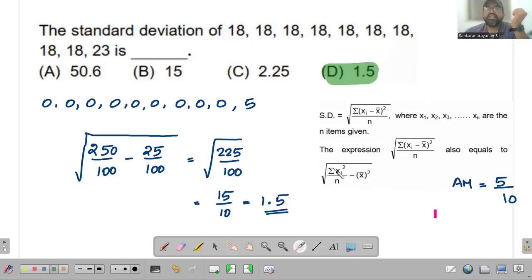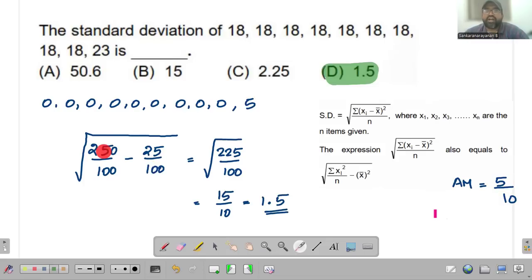When you consider each individual observation, 0 square plus 0 square, like that 9 times, plus 5 square, that is 25. That 25 divided by 10 you do. Minus the arithmetic mean, which will be 5 upon 10. Take its square, that is 25 by 100.